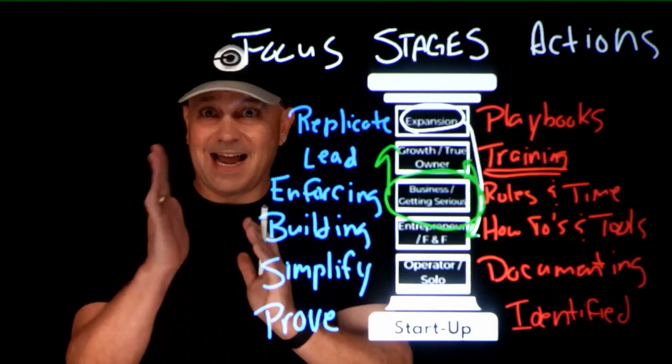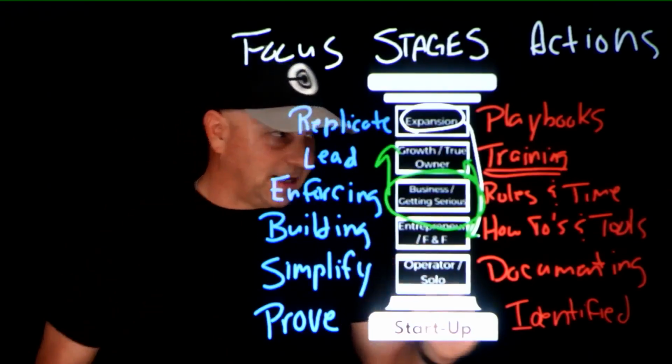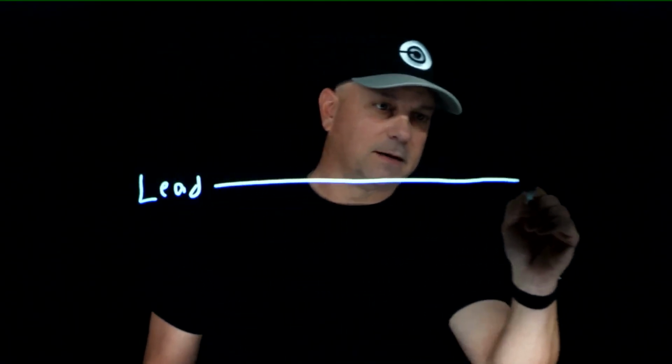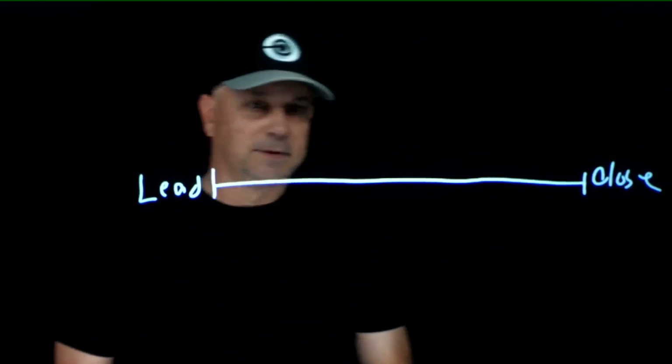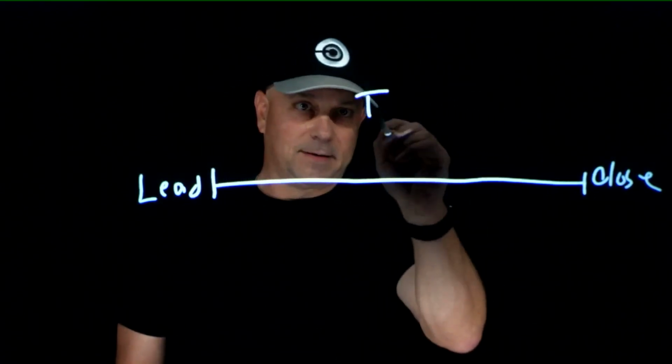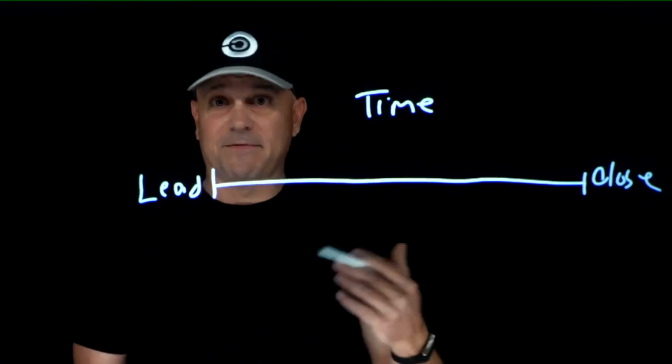So from the time I start with somebody to the time I end with somebody, timeline, right? And I've got this lead over here. I've got a timeline like so to close over here. And the amount of time between those two things determines a lot of factors for you.